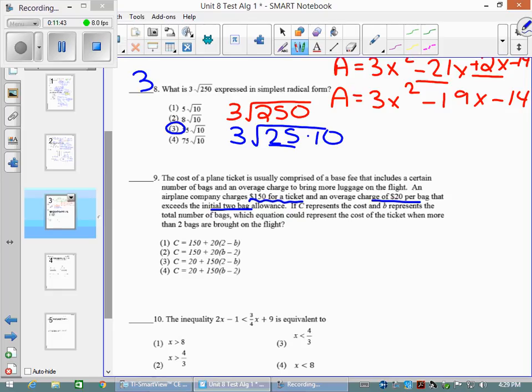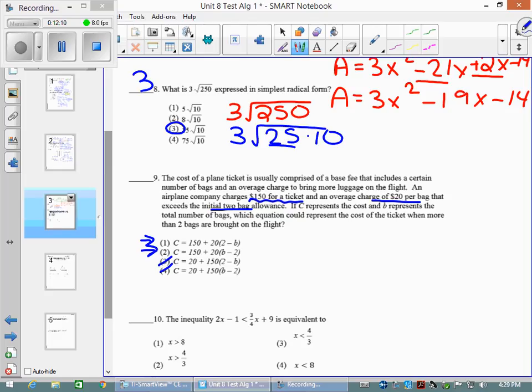So if we look at all of these equations, I know that it's an initial fee of $150. So right away, I know that I can cross these off because choices 1 and 2 both have that initial fee of $150. To really determine between the two of these, you could take a value and plug it in and see which one actually gives you the right thing.